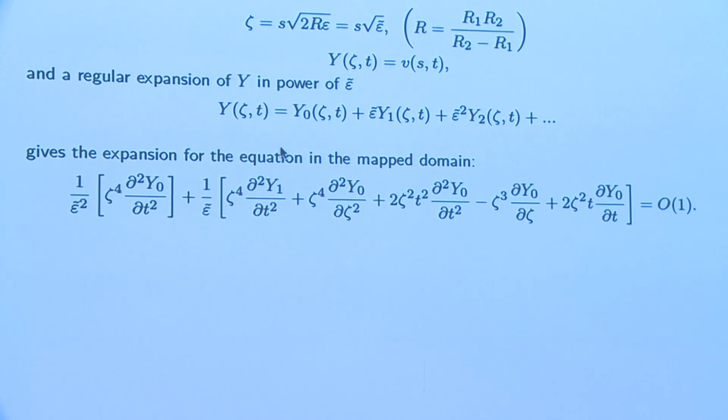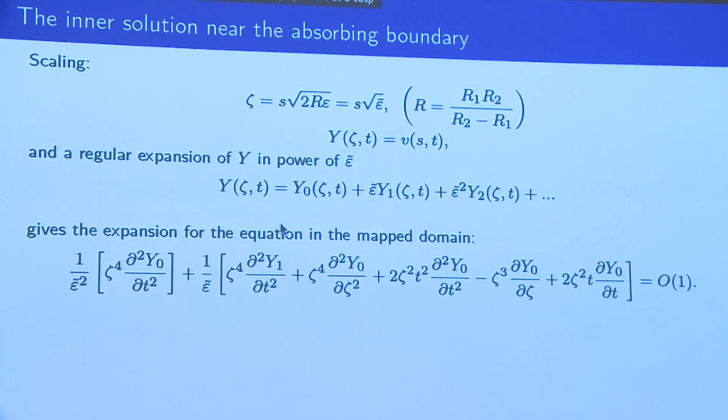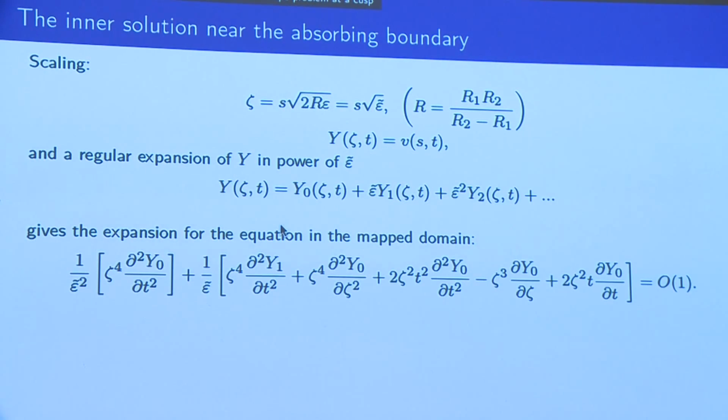So by setting this, using the scaling, we can put big Y of zeta,t equals V of s,t, it's very simple. And then we can do a regular expansion of big Y in power of epsilon tilde.